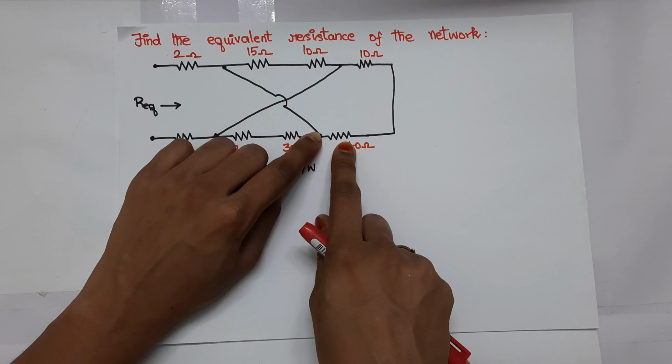So, from circle to triangle, how many resistor paths we have? 1, 2, 3 paths. Therefore, all these 3 sets of series resistors are going from the circle node to the triangle node: 15 plus 10, 40 plus 10, 20 plus 30.